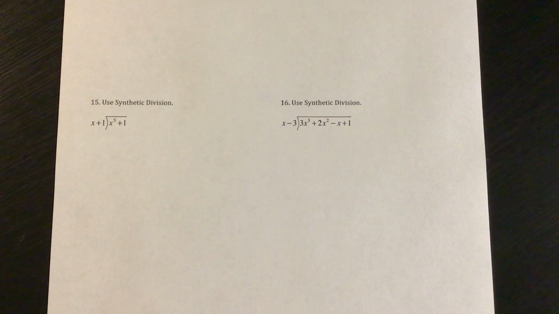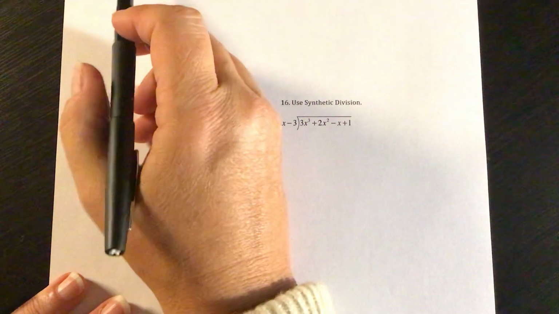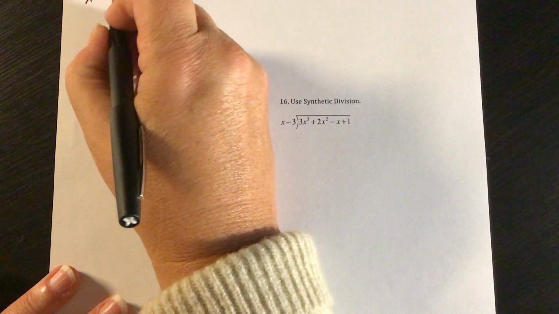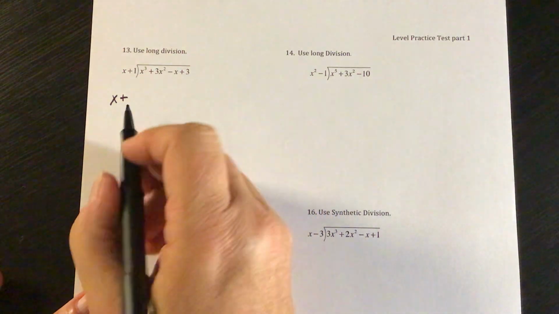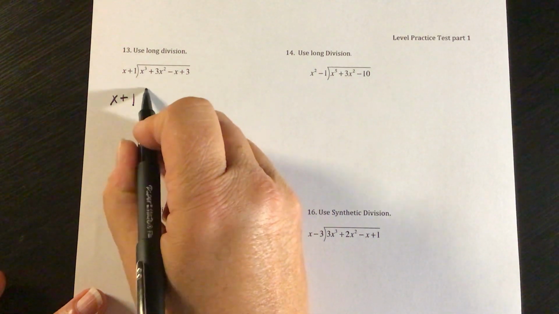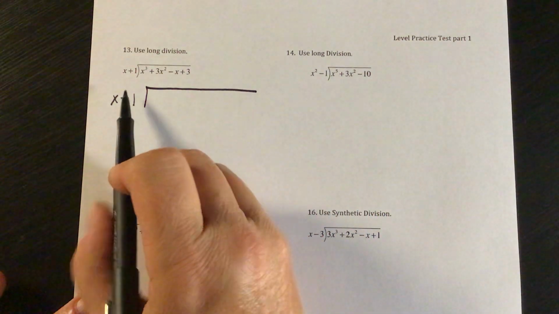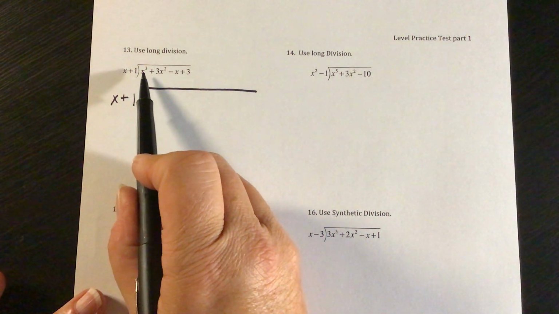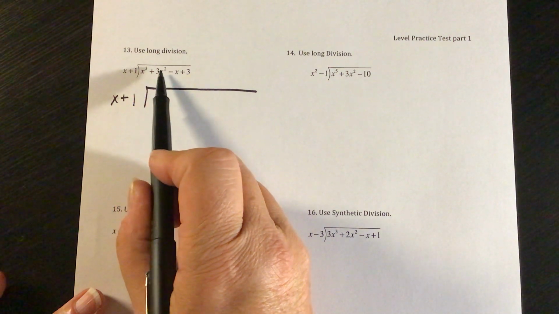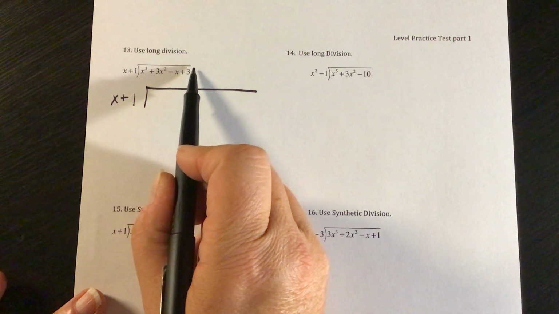And then we have some division problems. So we have long division, and here I'm going to rewrite this just because I write bigger than this small font. So I have x plus 1, and here I can insert any zeros if I need to. But if I check my exponents, I start with 3, and then I have 2, 1, 0.